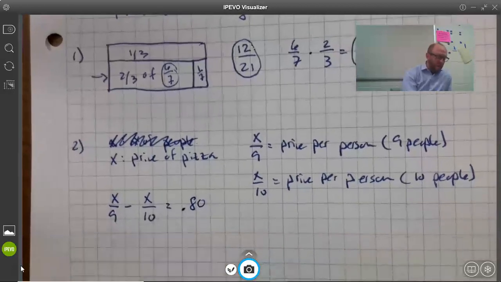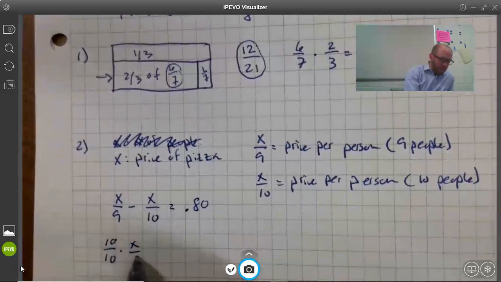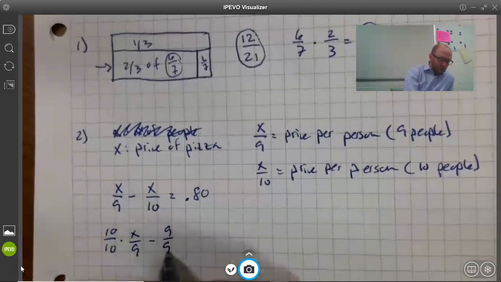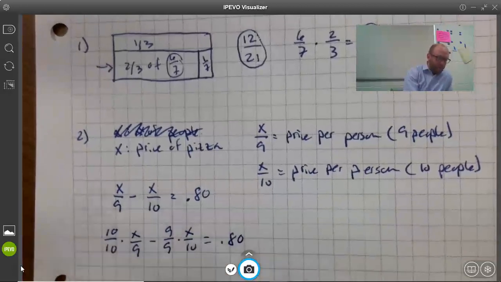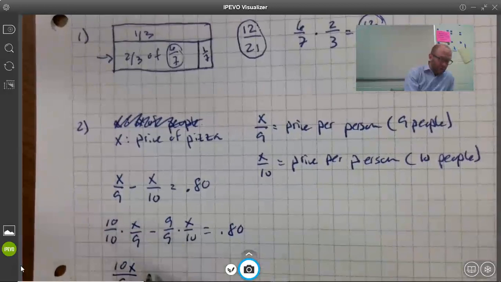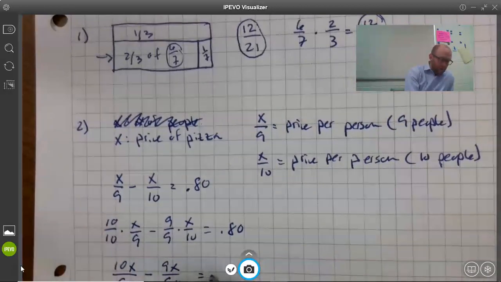So let's see. We need to find the common denominator. So we multiply this one by 10 over 10, and here we're going to multiply by 9 over 9. And then that's going to give us 10x over 90 minus 9x over 90.